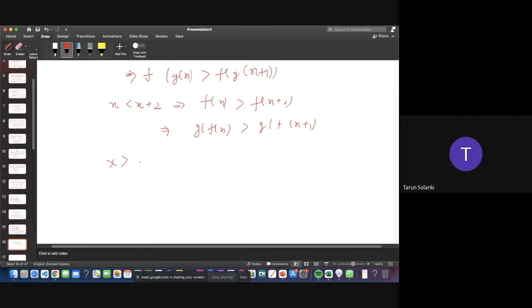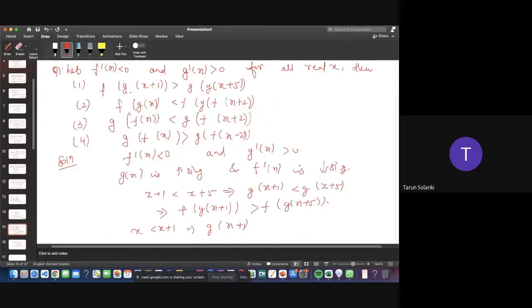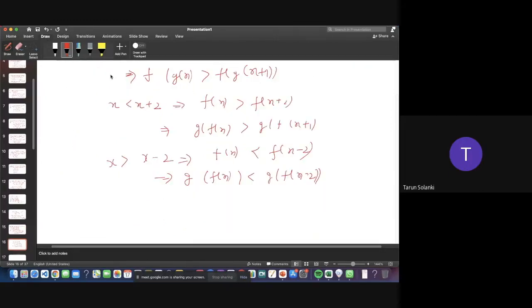Similarly, x is greater than x-2, then we can write f(x) is less than f(x-2). So that means g(f(x)) is less than g(f(x-2)). So the correct option will be this first. Okay, so you can copy.